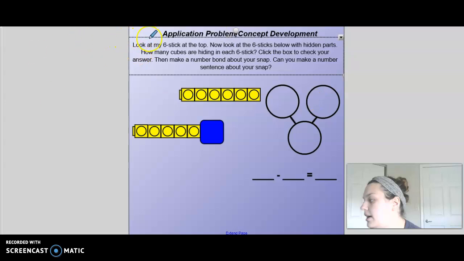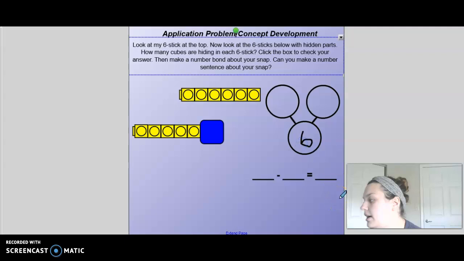Okay, it says look at the 6 stick. So we have 1, 2, 3, 4, 5, 6. I want you to go in your number bond and fill in your whole. Very good. We have 6.